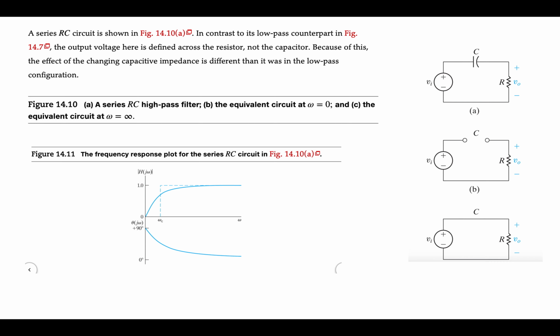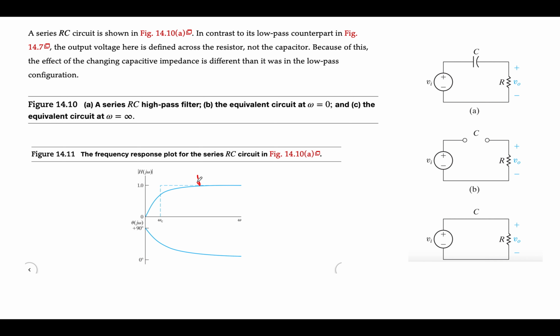As frequencies get very high, the impedance of the capacitor, 1 over j omega C, gets very small as omega gets very large. At very high frequency, the capacitor looks like a short, meaning all of the voltage will drop across the resistor.